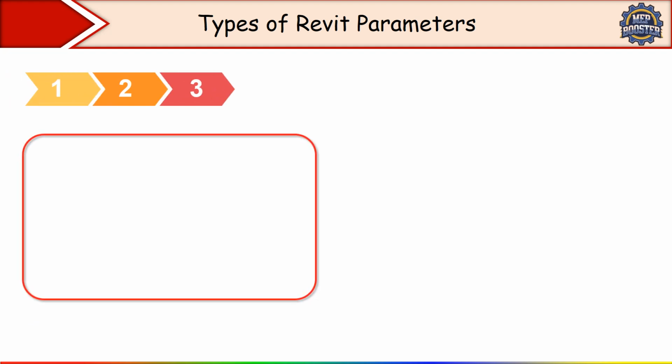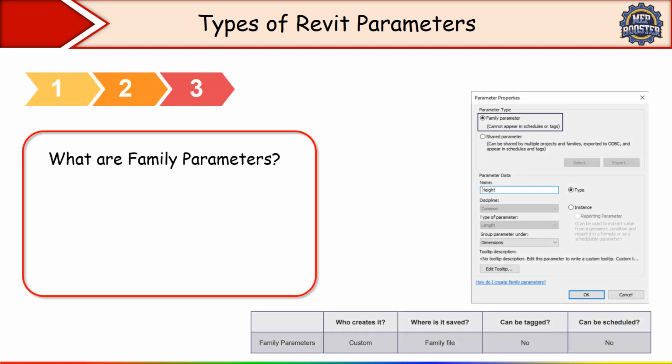Now we'll move to the third type of Revit parameter, which is called a family parameter. So what are family parameters?